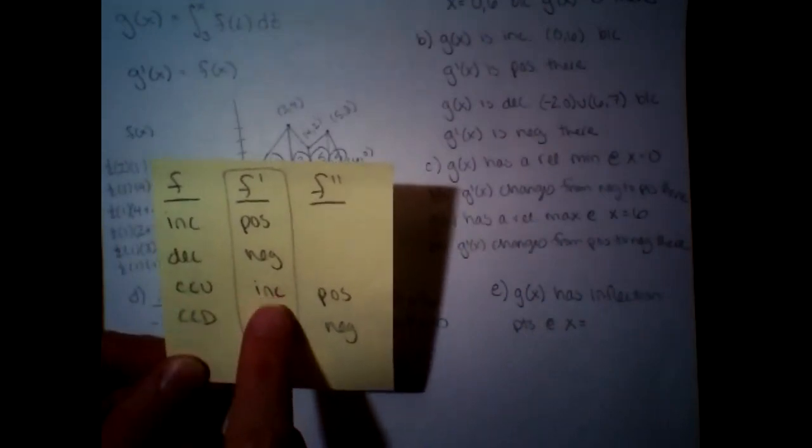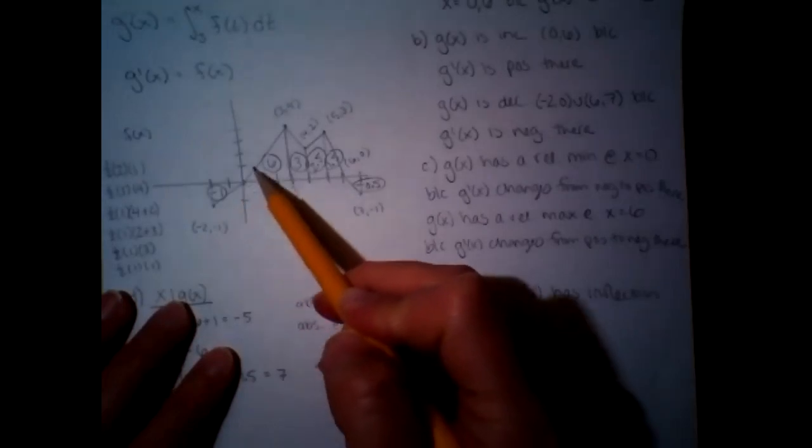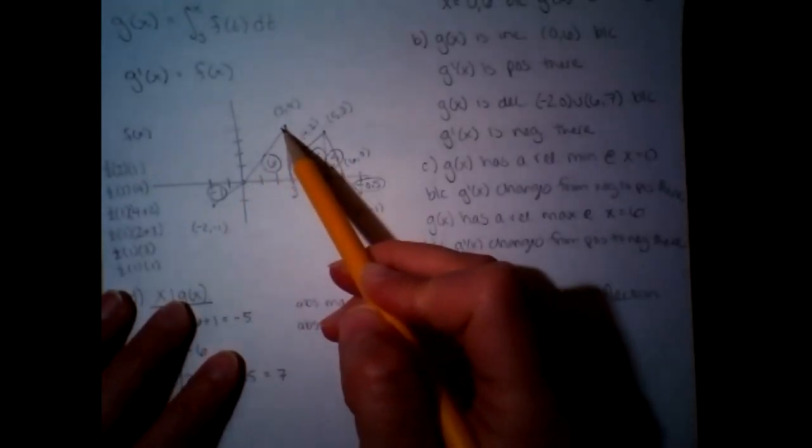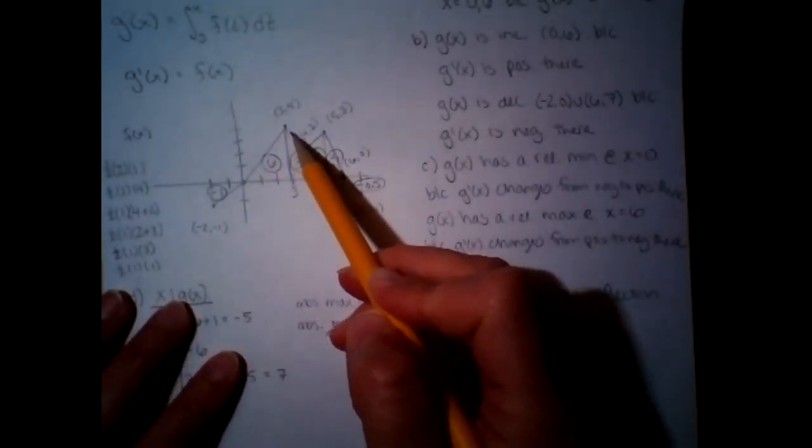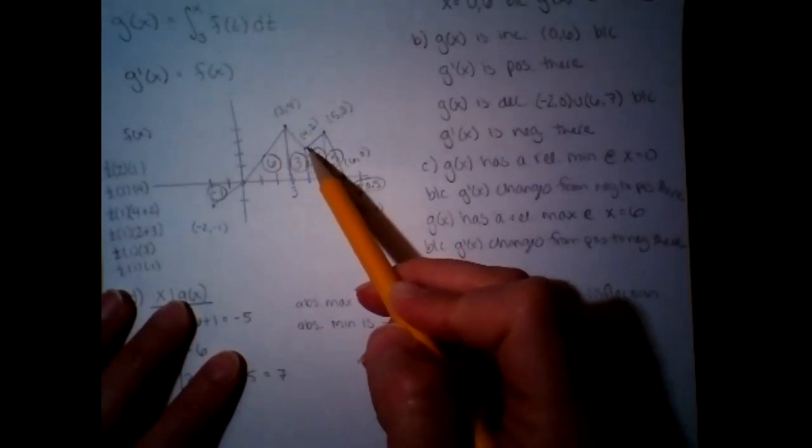So that's where the derivative graph, which is this graph that we're looking at, changes from increasing to decreasing or decreasing to increasing. So one or the other, right? But this graph is going to have a lot of inflection points because it turns around a whole lot. So reading left to right, we have an inflection point at 3. We change from increasing to decreasing. We have another one at 4.